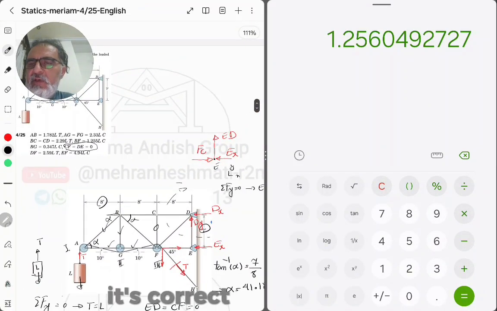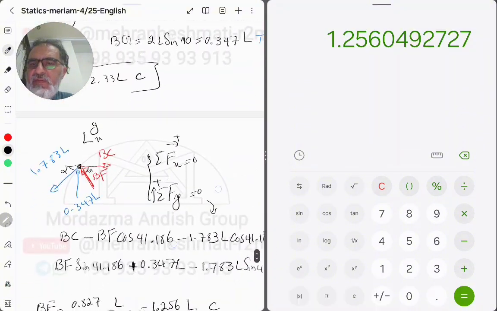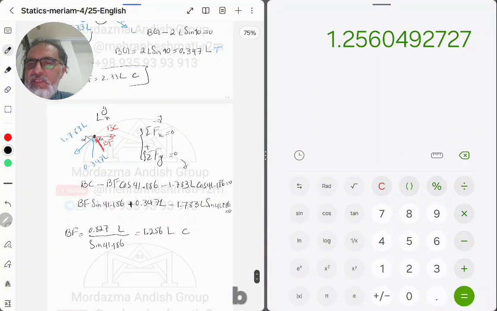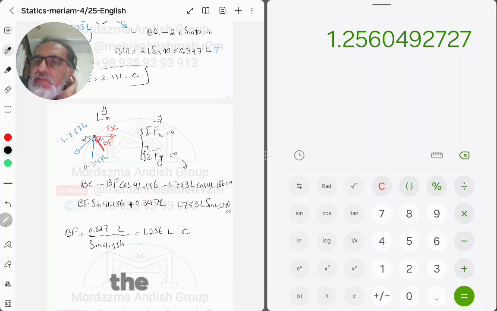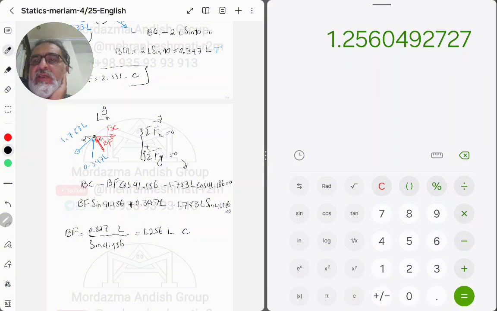It's correct for BF. And for BC, you know, the problem was about considering unknown forces, the direction.